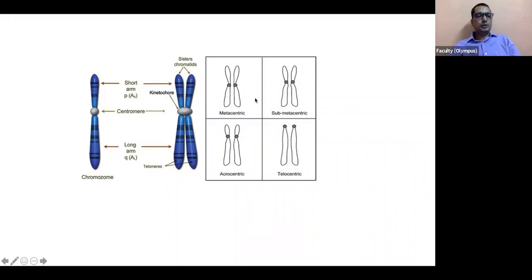Based on the position of the centromere, chromosomes can be divided into 4 groups. What are they?